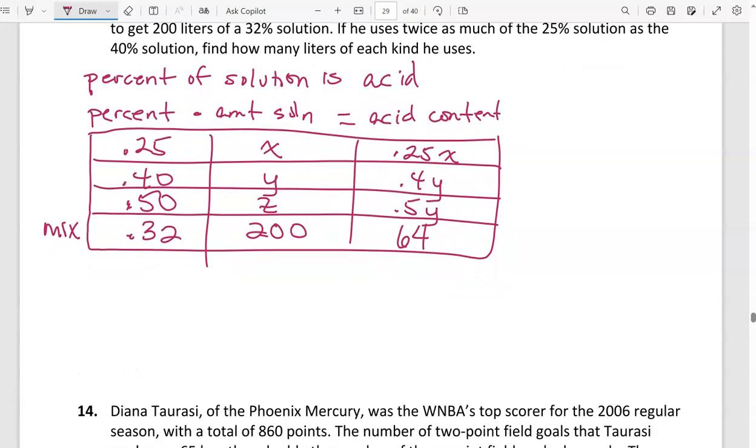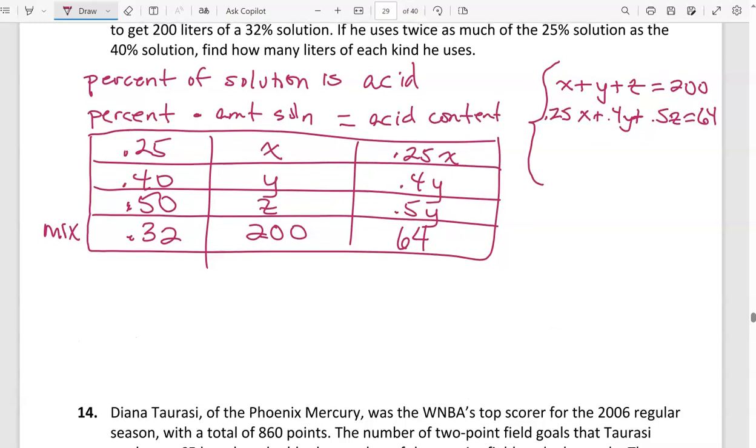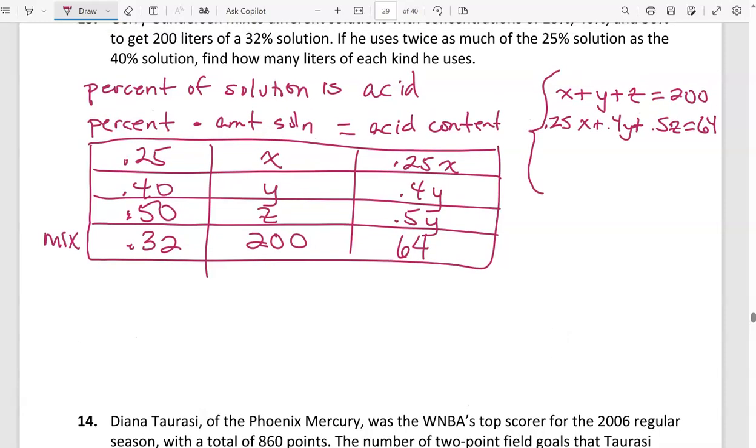So now let's write our system of equations. The total for the amount of solution is x plus y plus z is equal to 200. The total for the acid content is 0.25x plus 0.4y plus 0.5z is equal to 64 liters of acid. And the last part is about using twice as much of the 25% solution as the 40% solution.